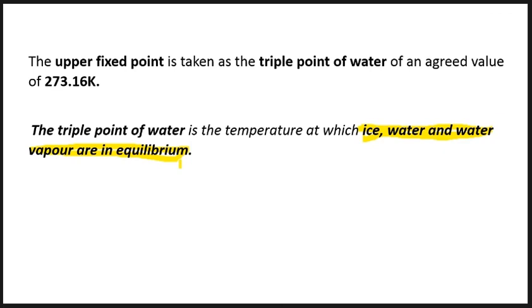Now remember I said that the value is 273.16 Kelvin, meaning that the value is in Kelvin, unlike that of the lower fixed point, which is absolute zero, and that one is actually in degrees Celsius or degrees centigrade.